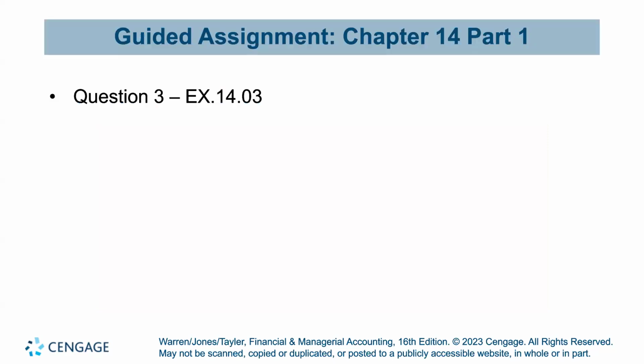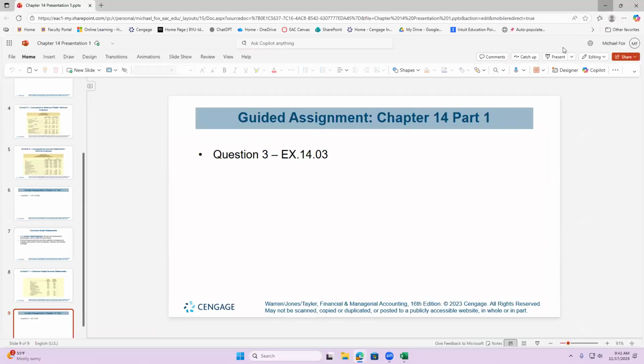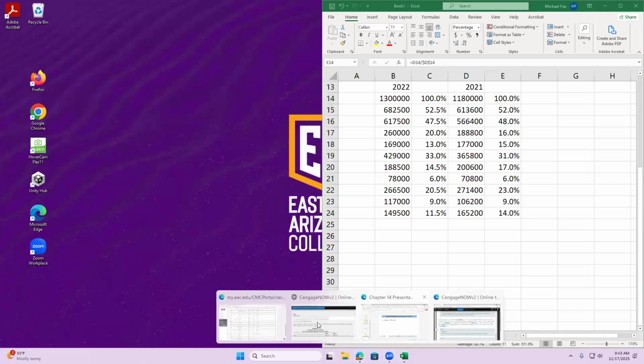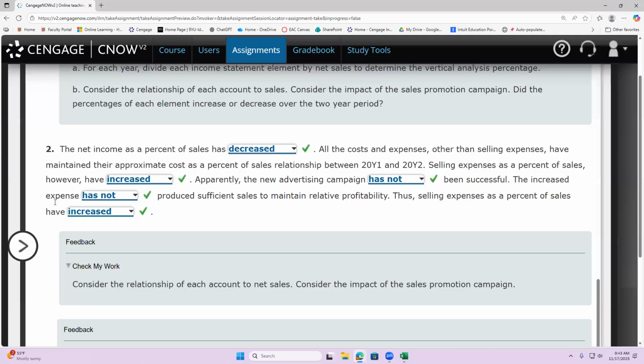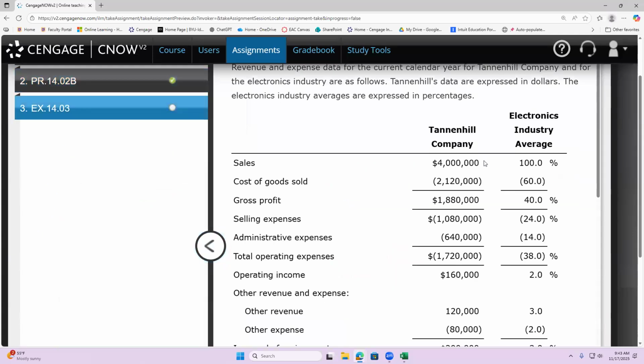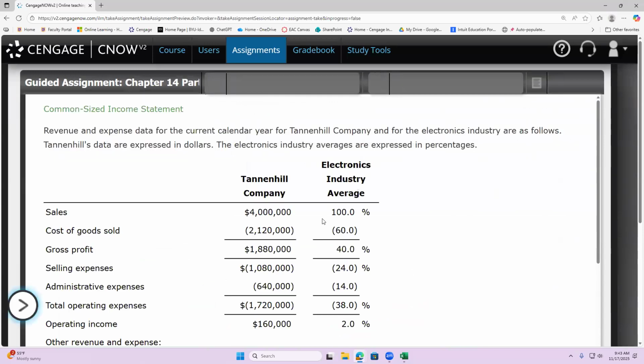All right. Last question on the guided. So here we have revenue and expense data for the current calendar year for the Tannehill Company and then for the electronics industry as a whole.